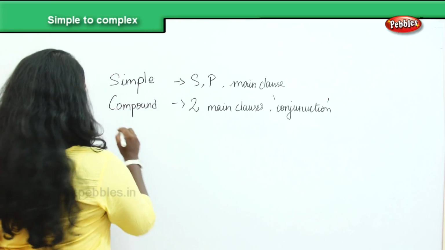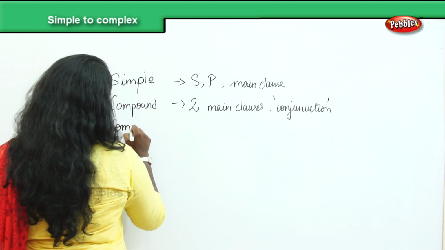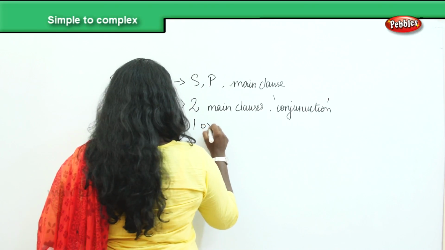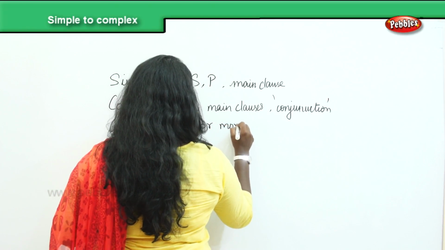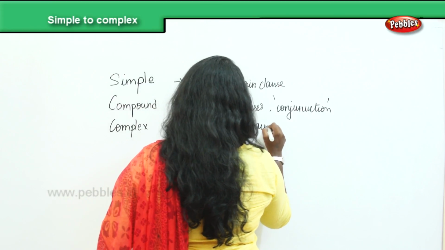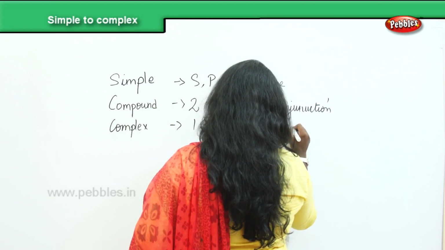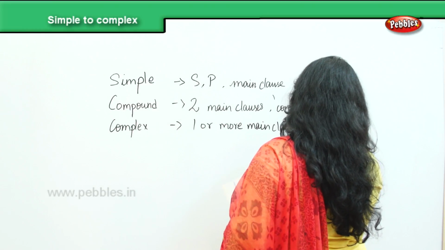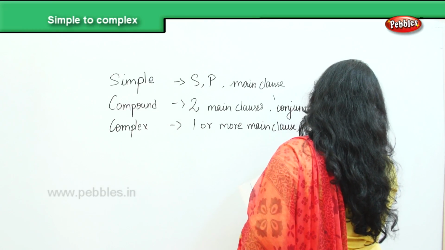And a complex sentence, you will have one or more main clause or clauses and one subordinate clause.